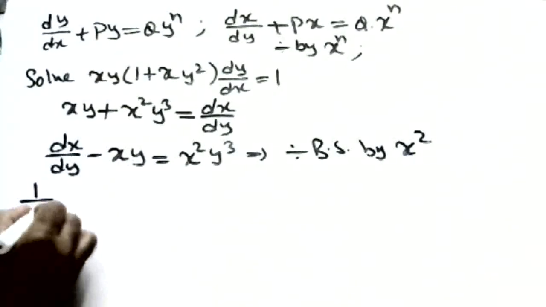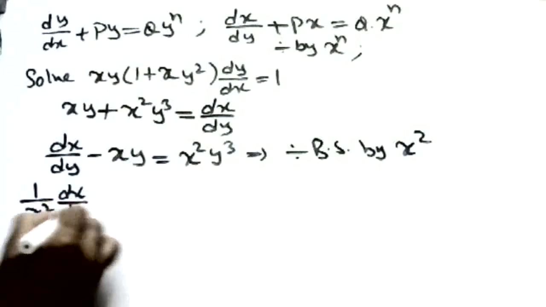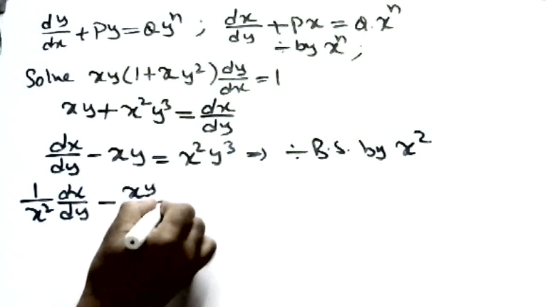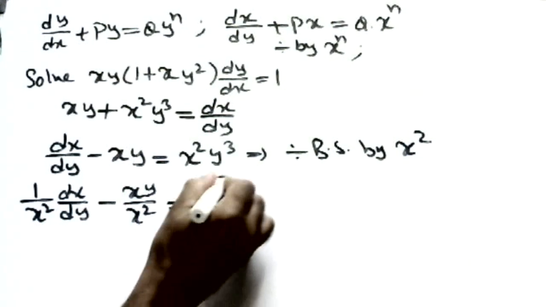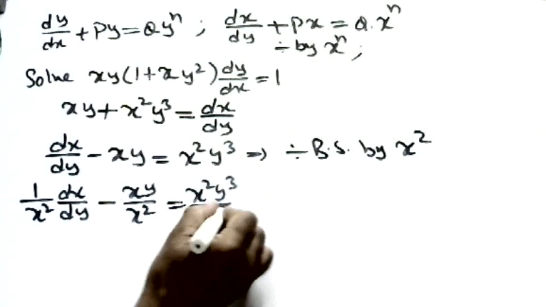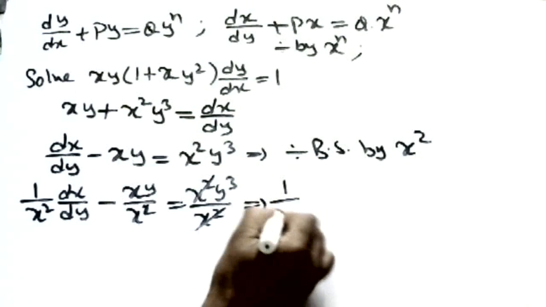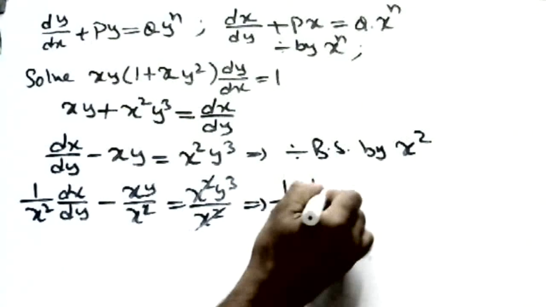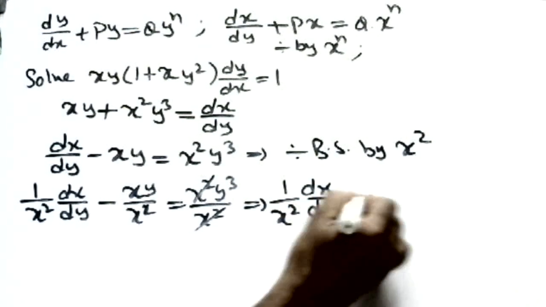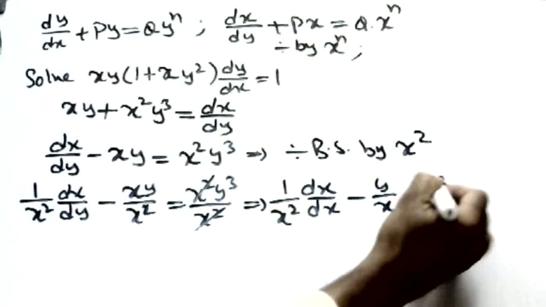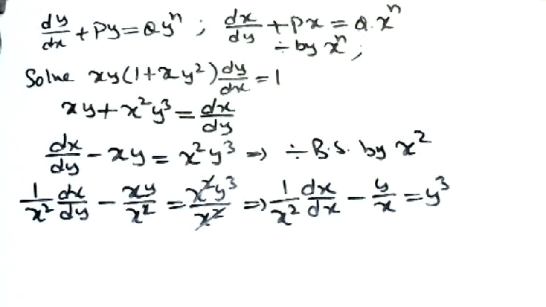This will become 1 by x square dx by dy minus xy by x square equals x square y cube by x square. Now x square will get cancelled. What is left here? 1 by x square dx by dy minus y by x equals y cube.